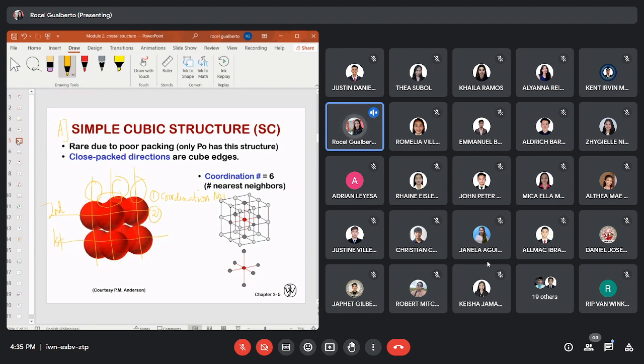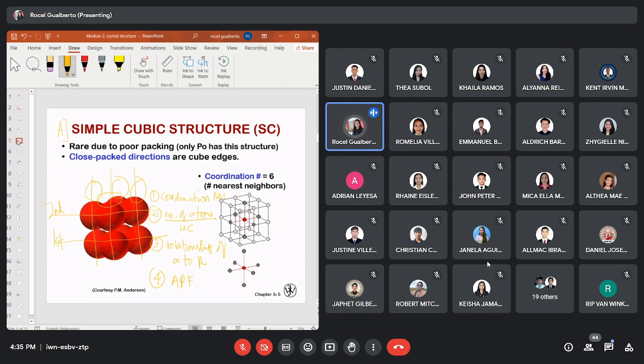The second one is for you to determine the number of atoms per unit cell. Okay, UC is unit cell. The third one is the relationship, simplified, of a divided by R. And then number 4 is called the APF, Atomic Packing Factor.